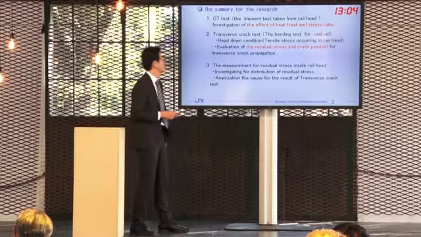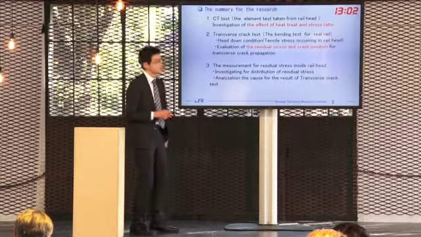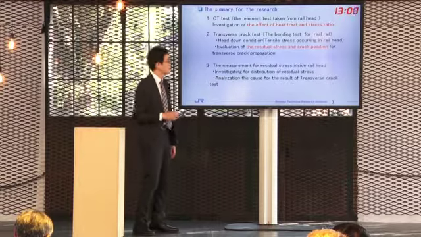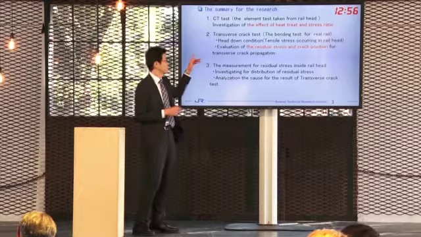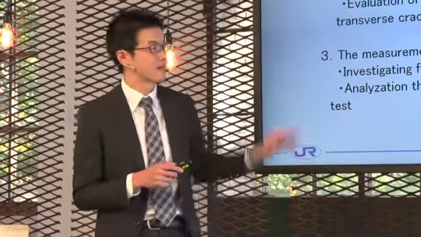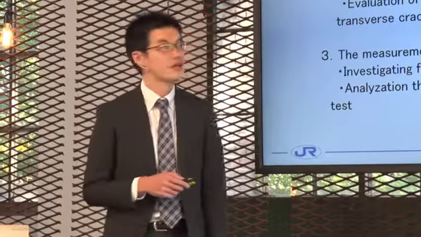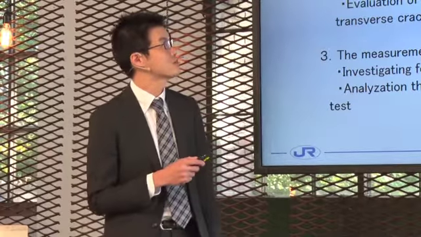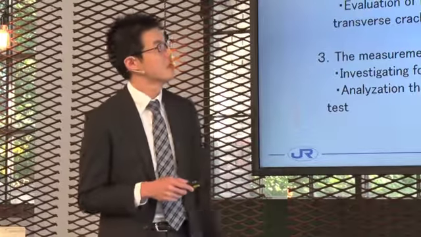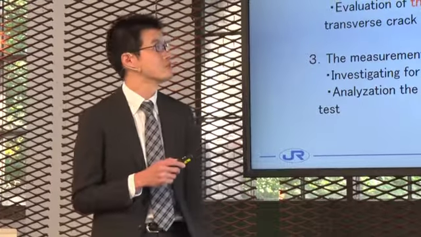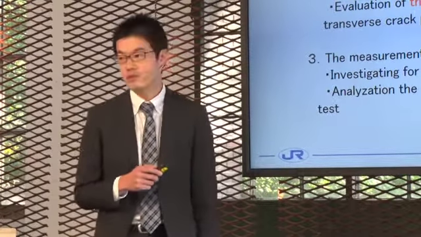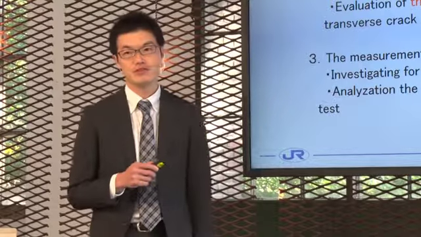To investigate the transverse crack rate, we conducted mainly three items, two tests and one measurement. At first, we conducted the CT test, an element test taken from the railhead to investigate the effect of heat treatment and stress ratio.